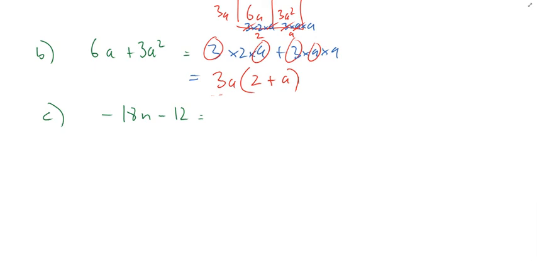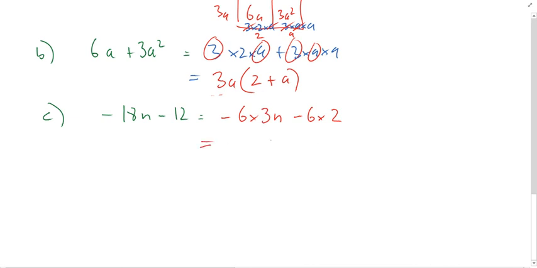Last one. Okay, this one's got negatives in, and whenever you've got a negative, you should probably take the negative out. So really this is negative. Now what's the number that goes into both 18 and 12? 6 does. 6 times 2n minus 6 times 2. No, 6 3s are 18. Made a mistake, that's okay.